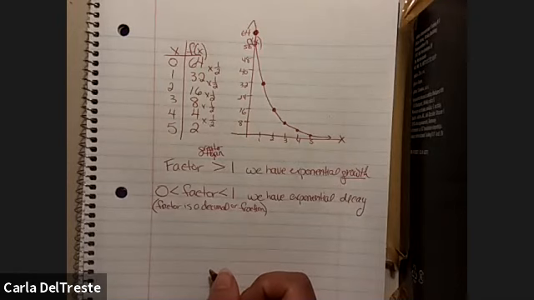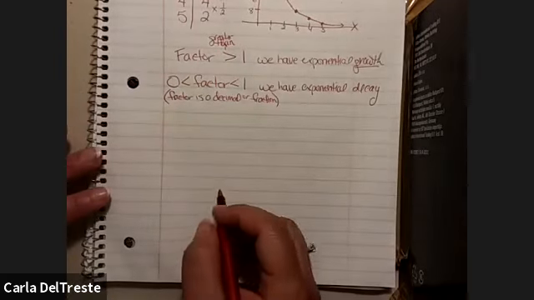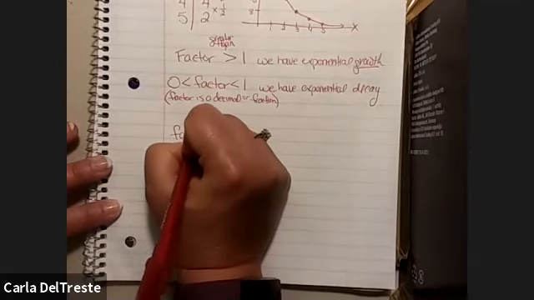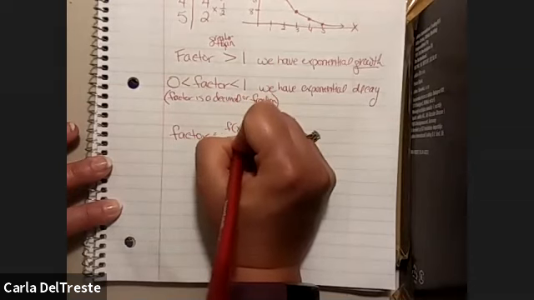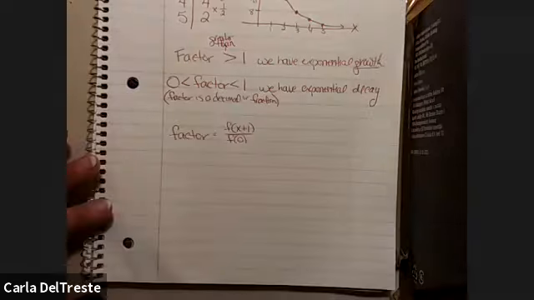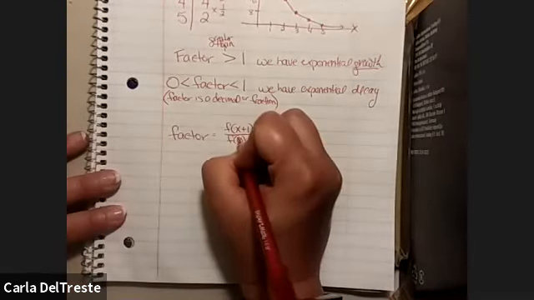You're going to need to be able to calculate the factor. This part is a little bit harder, okay? It does have to do with a formula. The formula for factor is the division of two consecutive outputs. So it's f of x plus 1 divided by f of x.